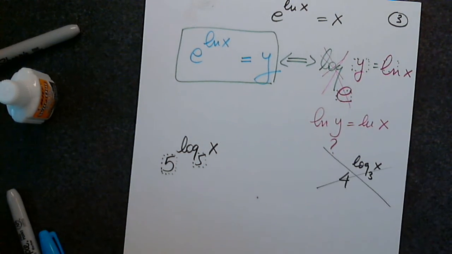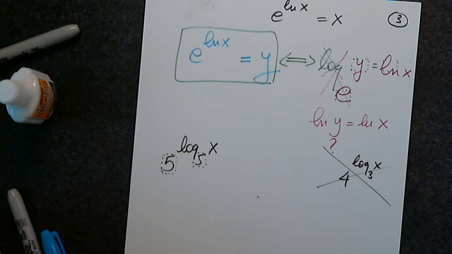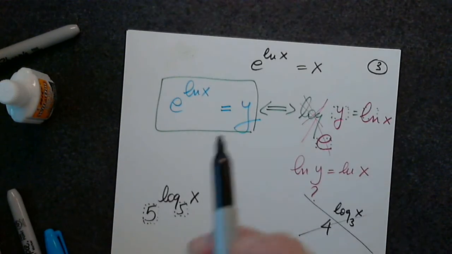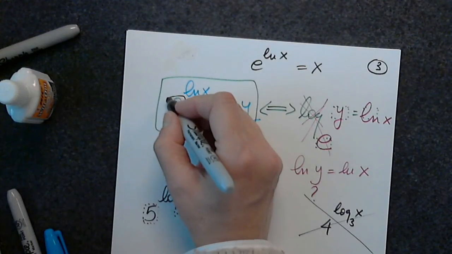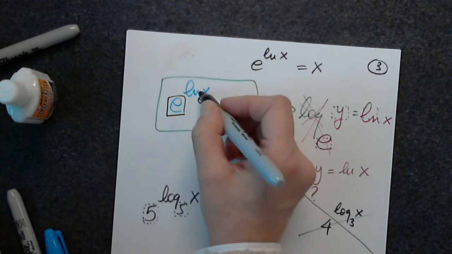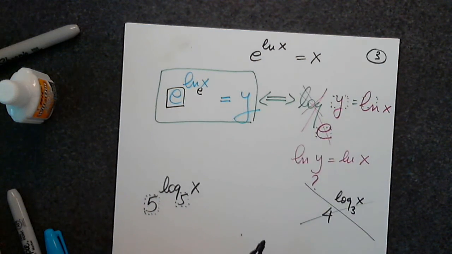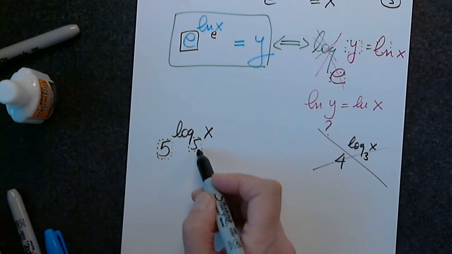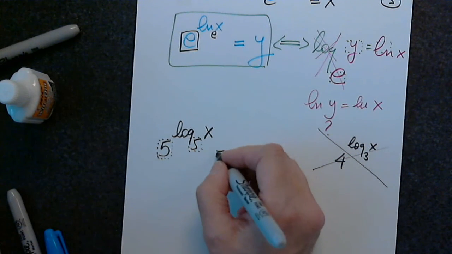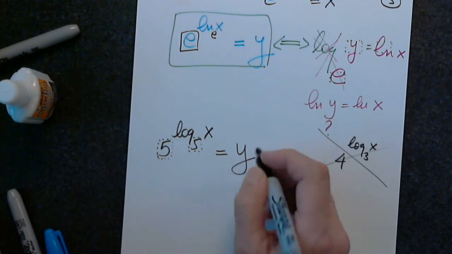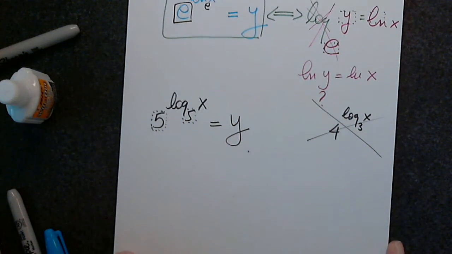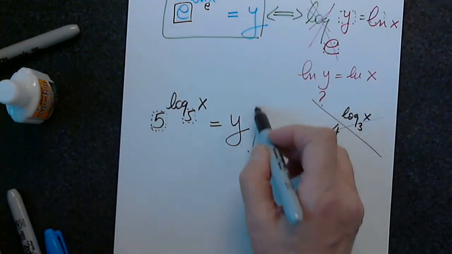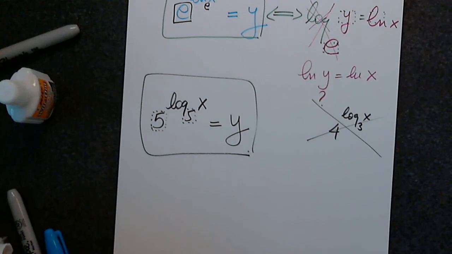It's just another number, whatever x is. The property is applicable only if this base and the base of the log are the same. Here I chose an example in which the base is 5 and the base is 5. Let's say we don't know what this is. We're going to call it y. So now let's change this exponential equation into a log equation.